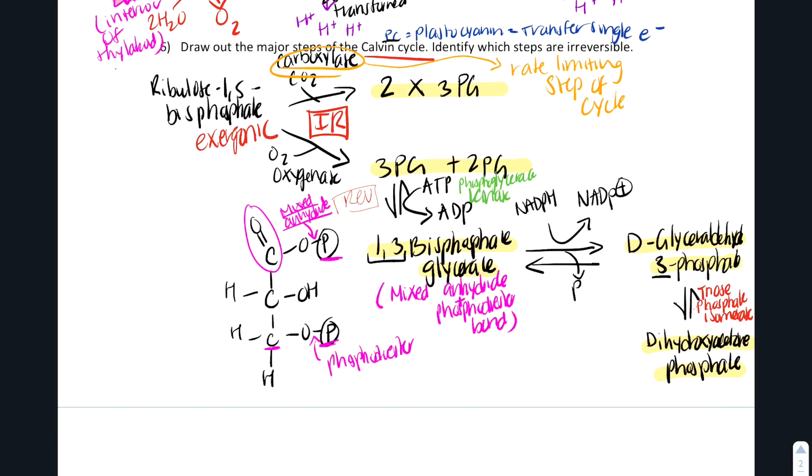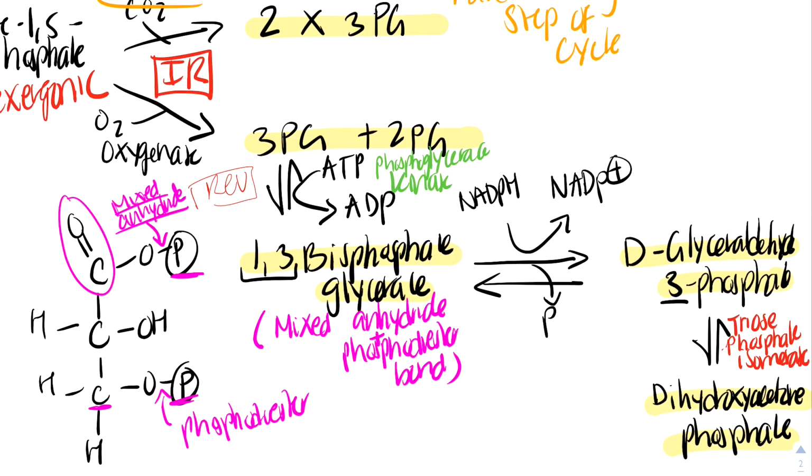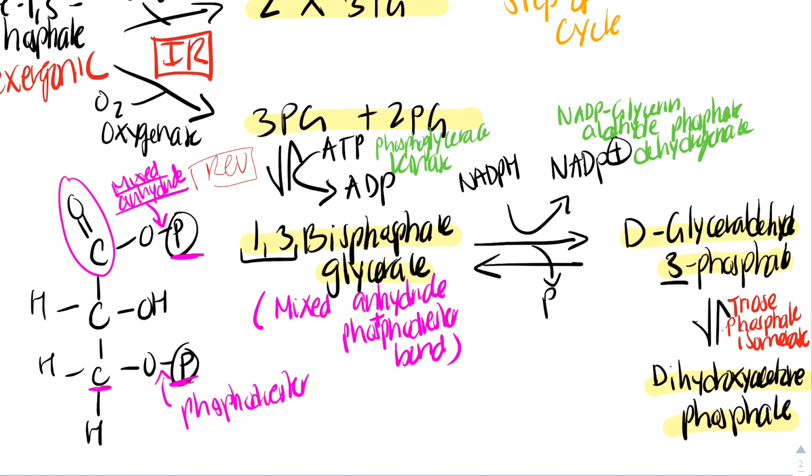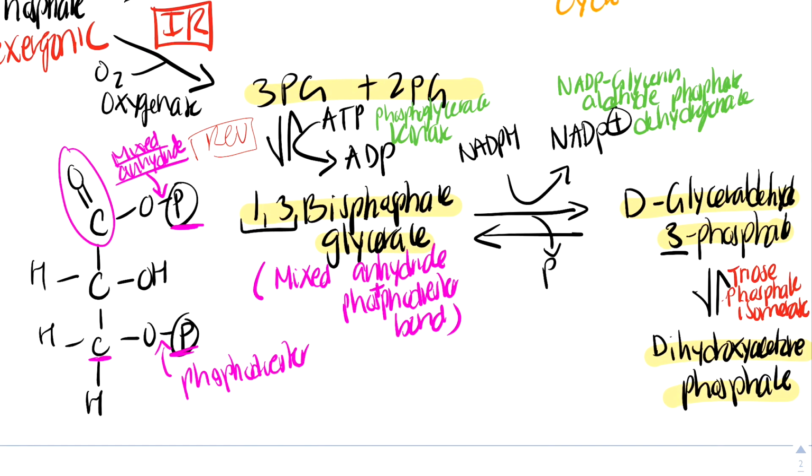For this one, we talked about this in a previous question. Anytime you have oxidation or reduction of an energy carrier, then we have a dehydrogenase. So this one is NADP glyceraldehyde phosphate dehydrogenase. So we oxidized NADPH, therefore we reduced 1,3-bisphosphate glycerate. And then this final step is through the triose phosphate isomerase.